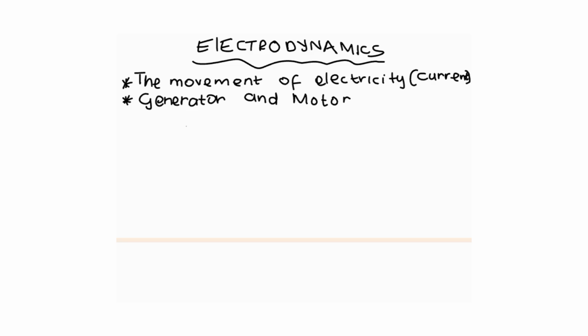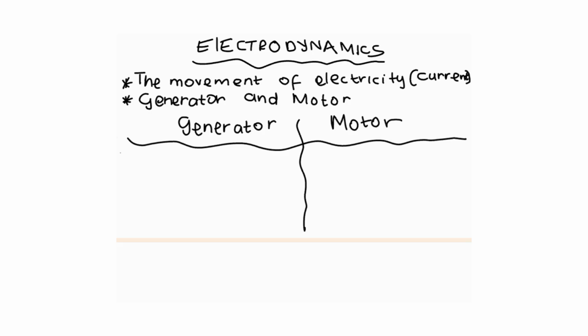So with our generator and a motor, just to highlight the differences, which yes, you do need to know because you will be examined on that. The key differences between these 2 devices: the first one is that with a generator we have the energy conversion from mechanical energy to electrical energy. Remember, mechanical energy is movement.